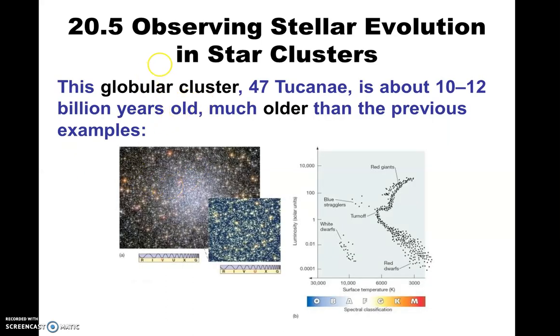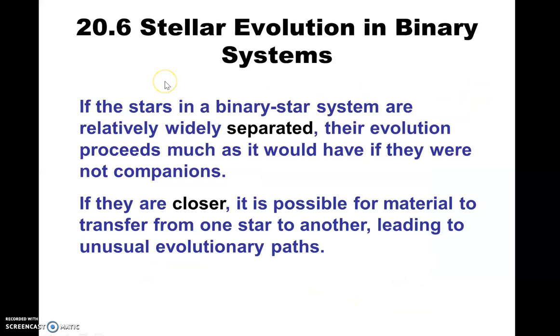All right, so the globular clusters, we're seeing their turnoff points are much closer to a G-type star. So these things are anywhere from 10 to 12 billion years old. Let's see what else. Let's see, stellar evolution. Okay, so this is where things get a little bit different. And remember, over half the stars in the Milky Way have a companion, and it depends on how close the companion is.